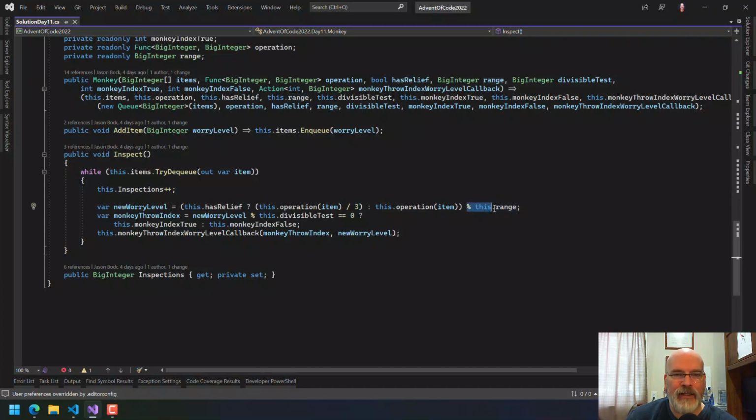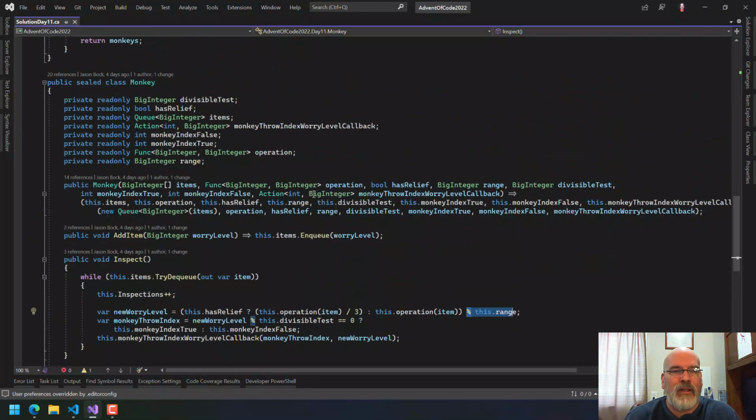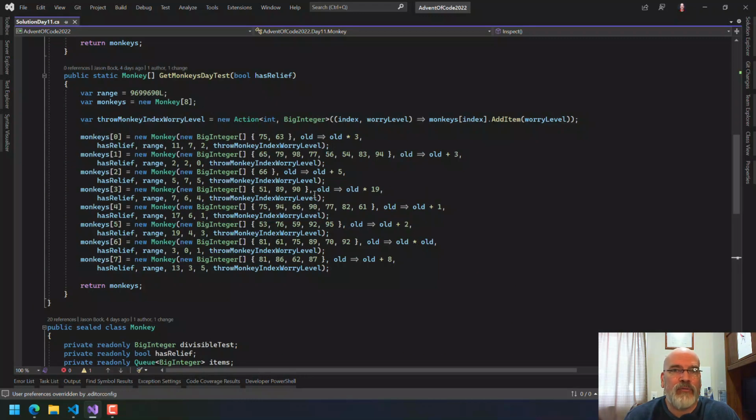I basically mod by the range, which is a product of all those primes. I think you can actually do it just by the prime for each one. I'm not sure off the top of my head, but this one definitely worked. It just mathematically works out that way to keep the answer within a given, if there's a ring or field, I don't remember, but that worked. But if you don't know that, you're screwed.